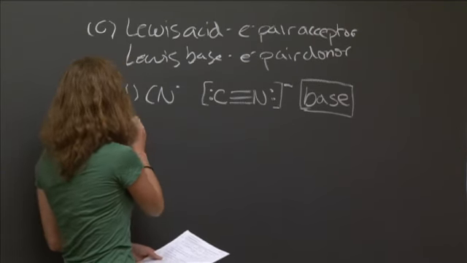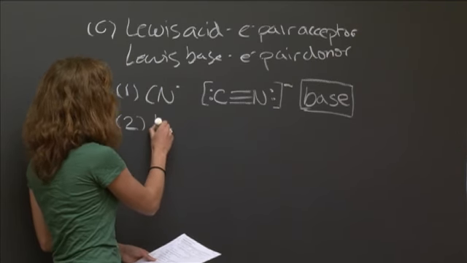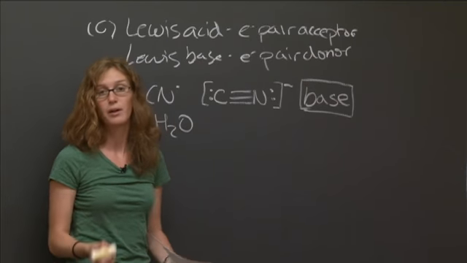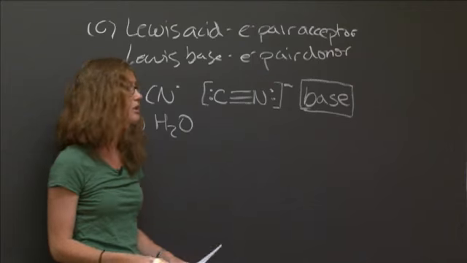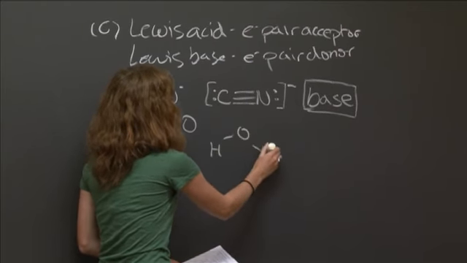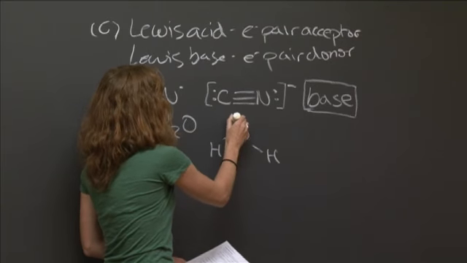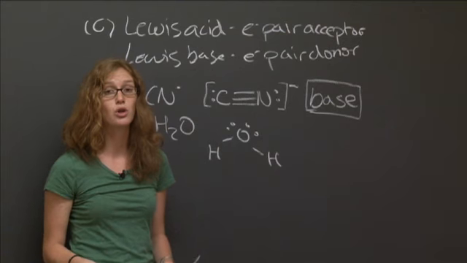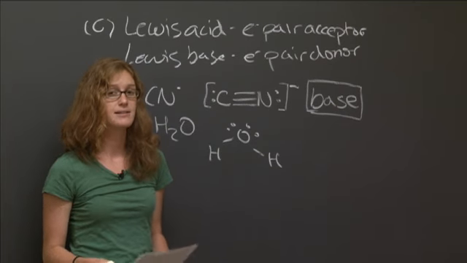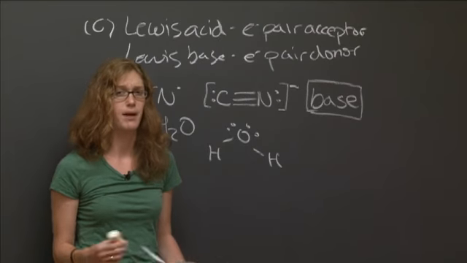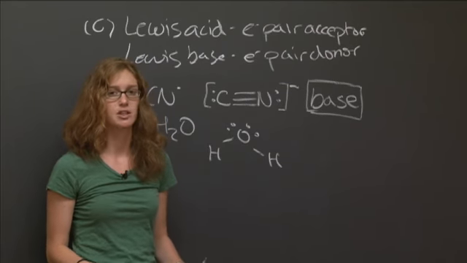All right, moving to part 2, we are asked about water, which is a molecule that we deal a lot with in acid-base chemistry. Again, you might be able to answer this right off the bat, but we're going to look at the Lewis structure here. Water has 2 lone pairs, so that means it could very well act as a Lewis base. Hopefully that makes a little bit of sense, right?